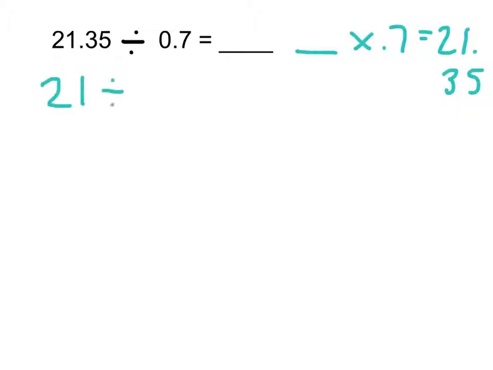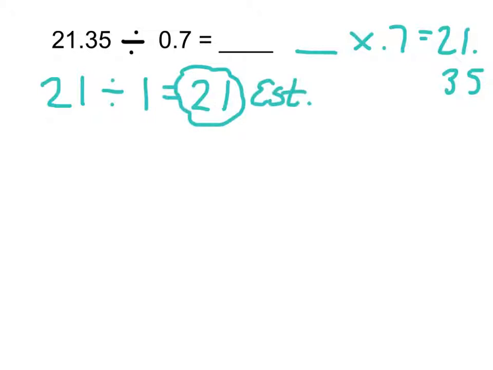And let me think, what can I round 7/10 to? Well, 7/10 is almost 1 whole, so let's say we're rounding it that way. Well, the answer would be 21. So this is my estimate. This is my smart estimate. And later on, when I come back, I need to think my answer should be somewhere close to the ballpark range of 21. So let's divide.